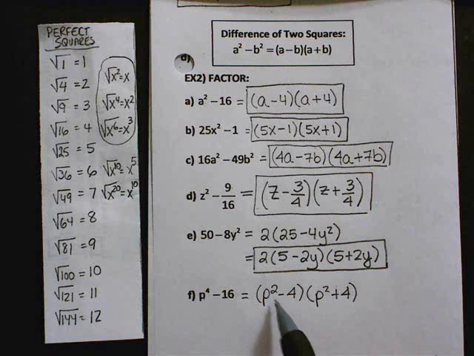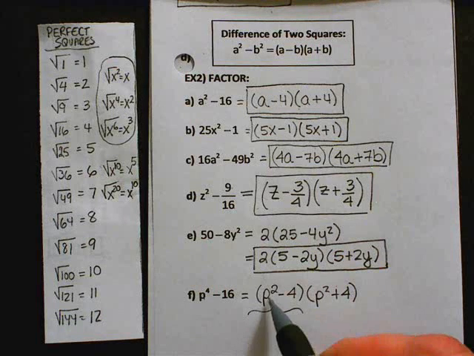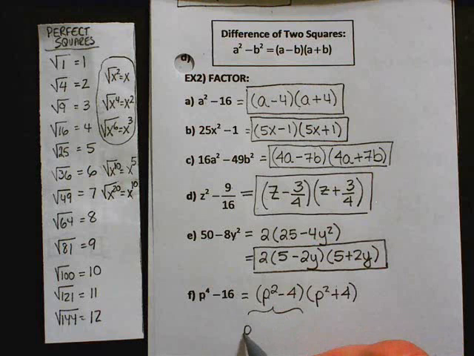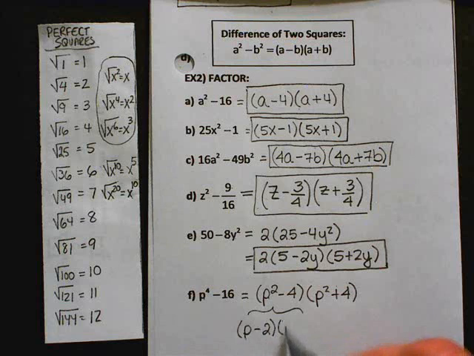Now, if you notice right here, this is a perfect square and this is a perfect square. So guess what? I'm going to apply the formula again in this problem, and the square root of p squared is p. The square root of 4 is 2, so it would be p minus 2, p plus 2.